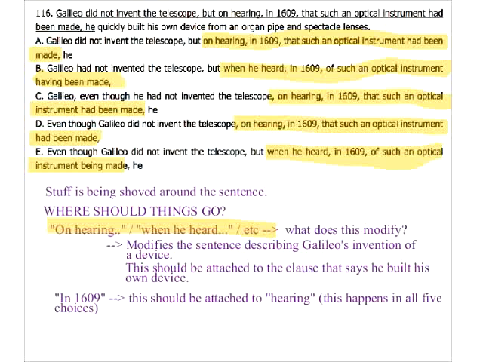Now notice the difference here, because you can put prepositional phrases like on hearing or in whatever year before stuff, and you can also put them after stuff. So there's a problem in choices C and D that doesn't exist in the other choices.